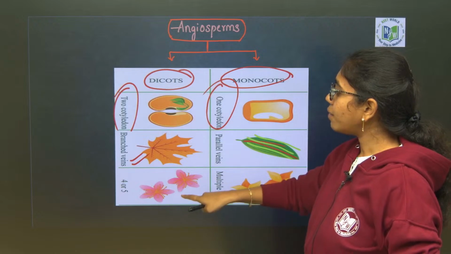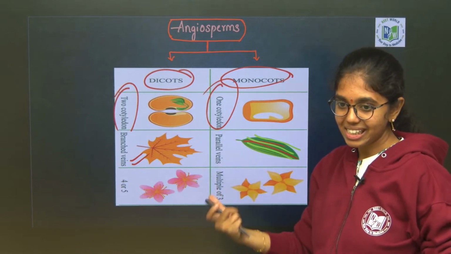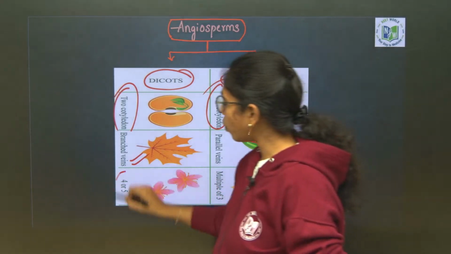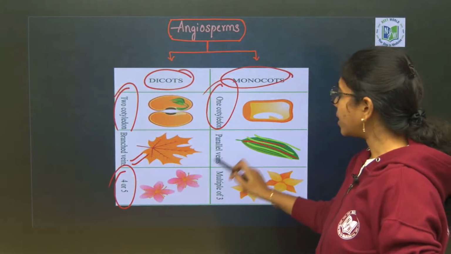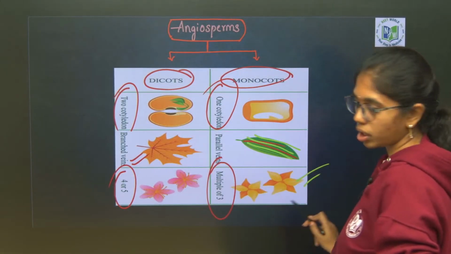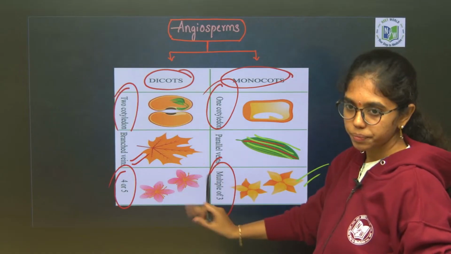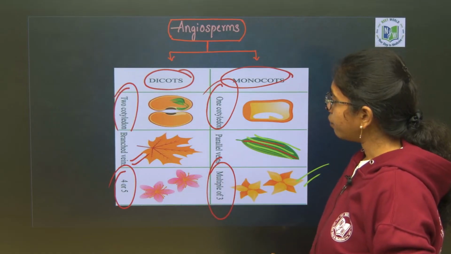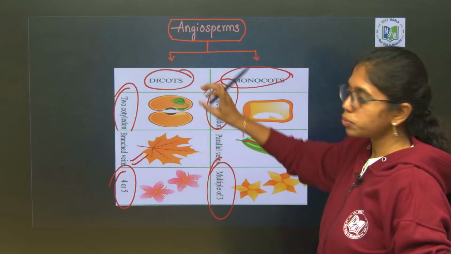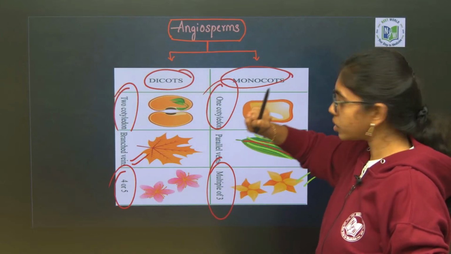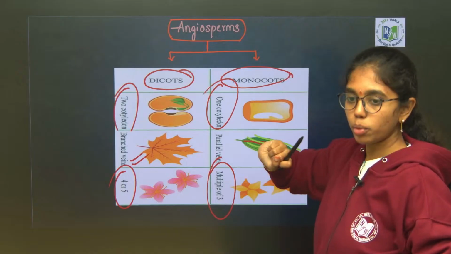In flowers, petals and sepals are arranged in 4 to 5 in dicots, and multiples of 3 in monocots. The root system is mostly taproot in dicots, and fibrous root in monocots.